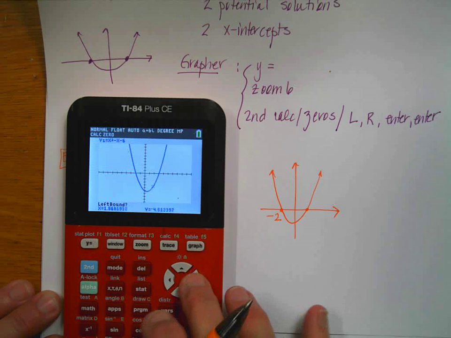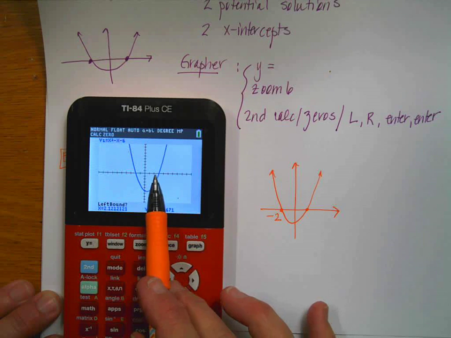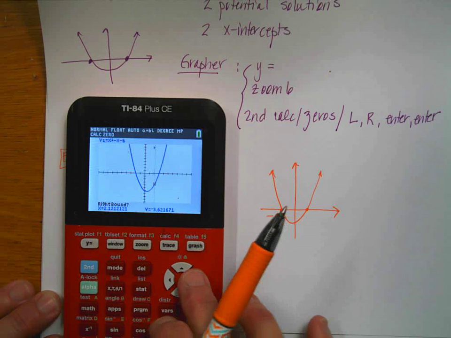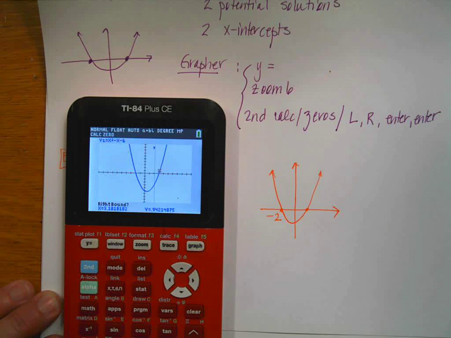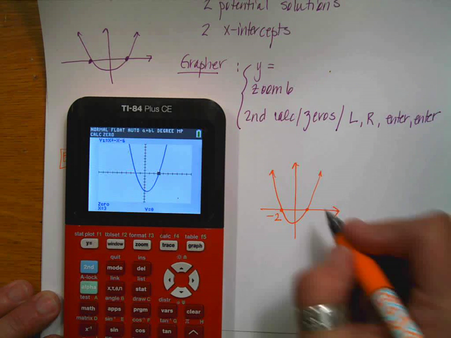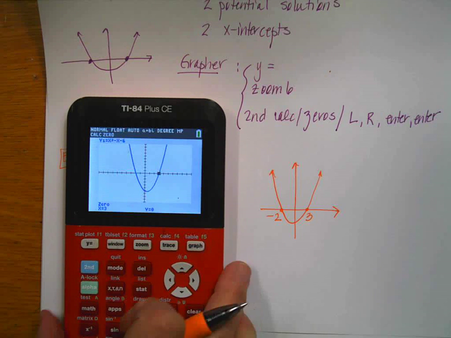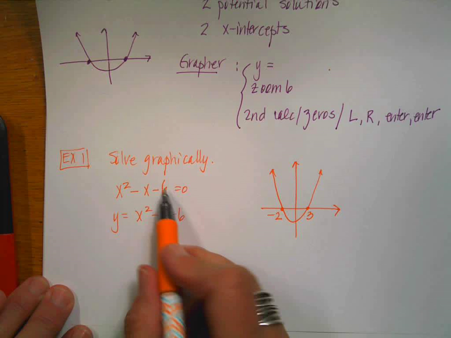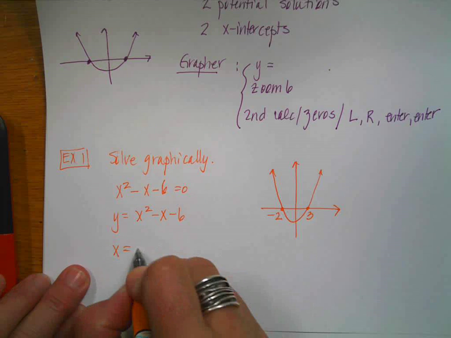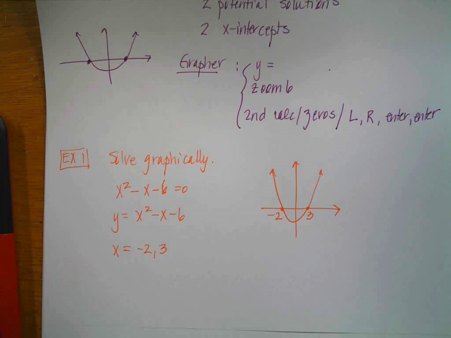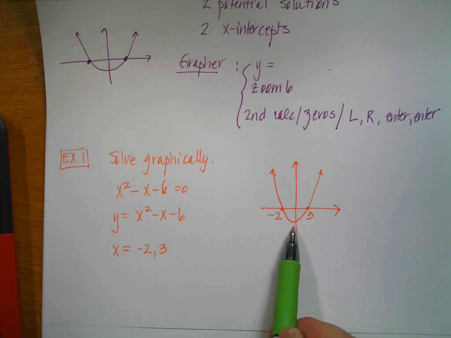So now the left-hand side, this is my x-intercept, so I'm going to the left of it, hit enter, and then I'm going to cross, enter, enter, and then that tells me that this is 3. So those are my two x-intercepts. Those are to solve, so x is going to equal negative 2 and 3. So that was pretty easy. Remember, this is your work, and so you have to sketch and label your graph. Notice that I only put the relevant points on my graph.